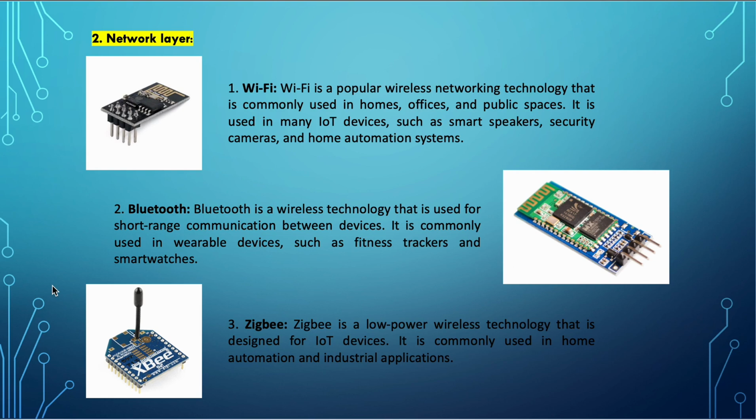Then we come to Zigbee. These circuits that you see here allow the embedded system to use these communication protocols. They come with antennas. You can see the Wi-Fi antenna over here, the Bluetooth antenna over here, and the Zigbee antenna over here.